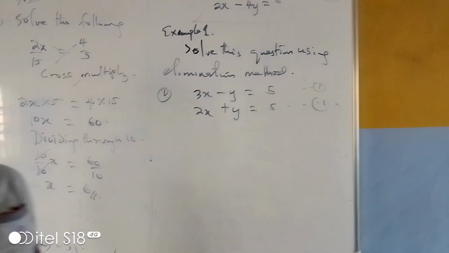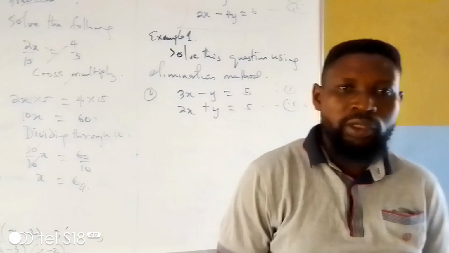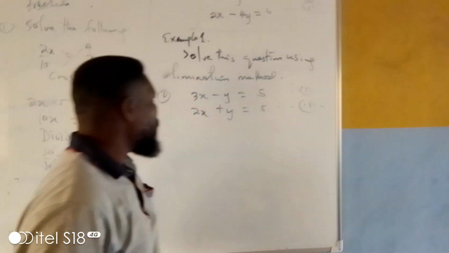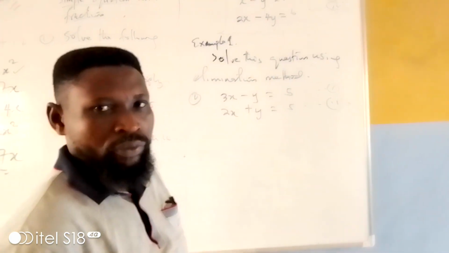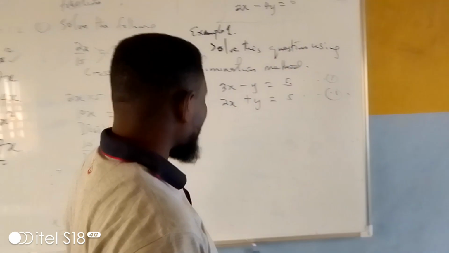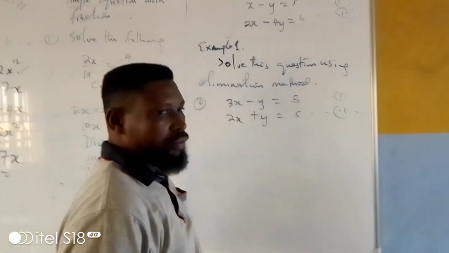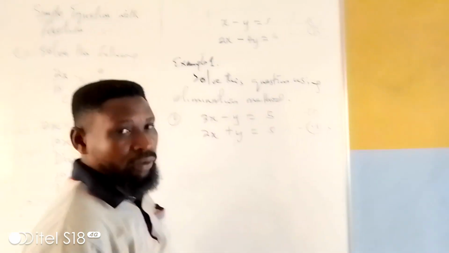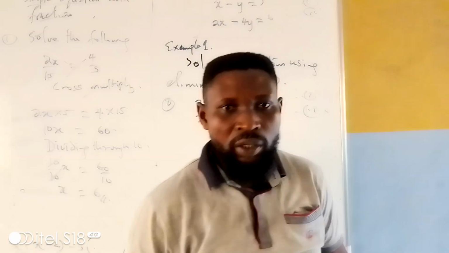Now, the word elimination has to do with what? The word elimination means to remove something from a given expression in order to give way for the other to be found.